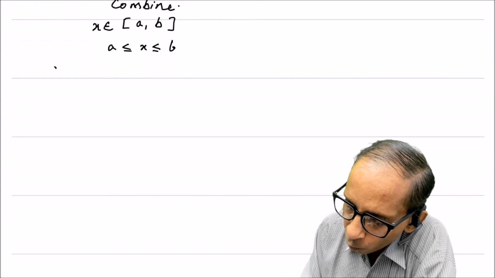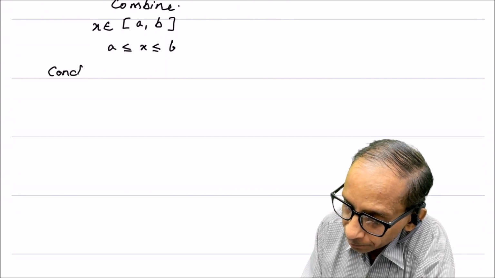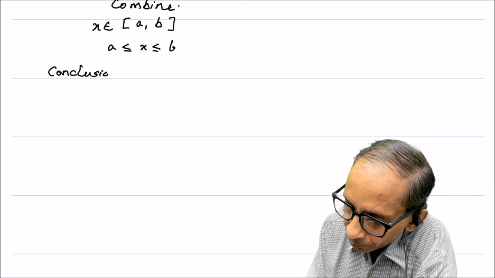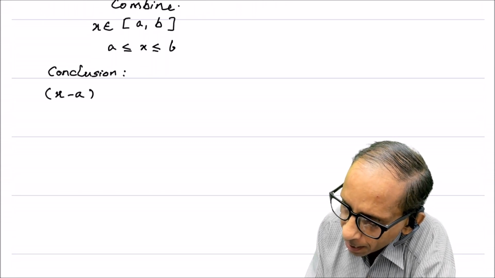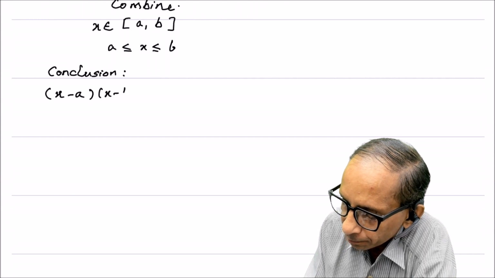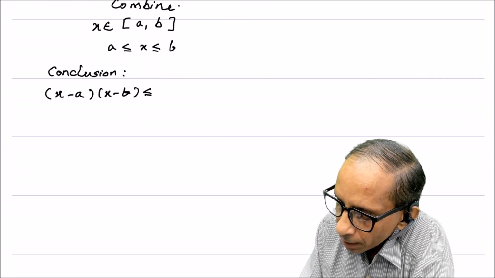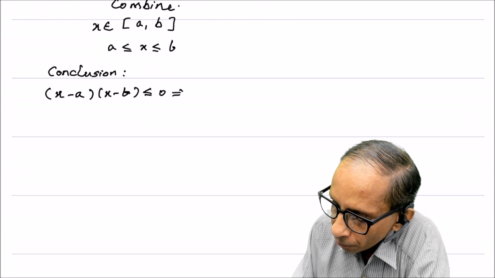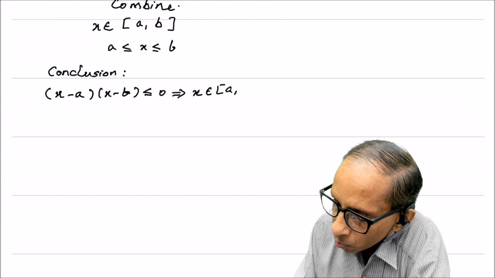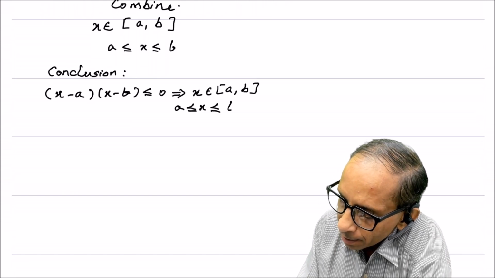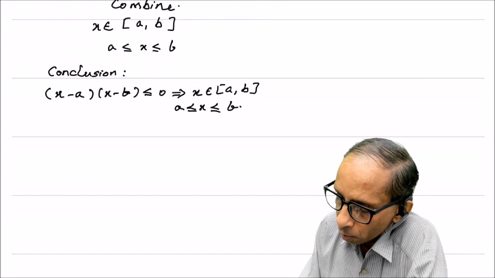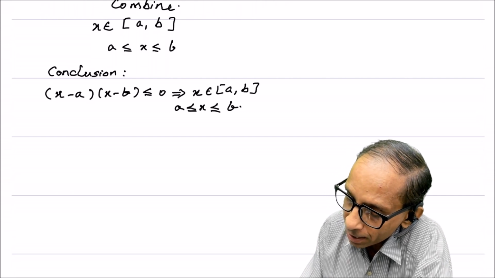So the conclusion for us is x minus a into x minus b less than or equal to 0 will mean that x belongs to the closed interval a to b, or to say x satisfies this inequality: a less than or equal to x less than or equal to b.